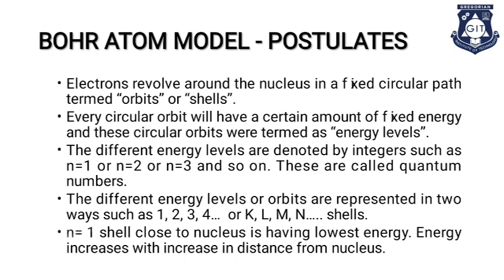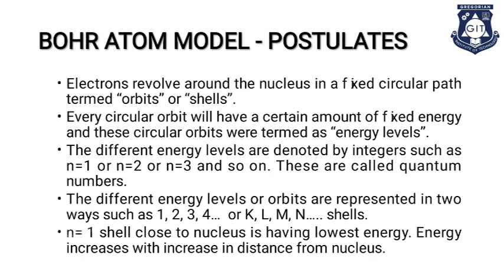The different energy levels are denoted by integers such as n is equal to 1, n is equal to 2, or n is equal to 3, and so on. These integers are called the quantum numbers, specifically the principal quantum numbers. The different energy levels or orbits are represented in two ways, such as 1, 2, 3, 4 as quantum numbers, or using alphabets such as capital K, L, M, and N shells.